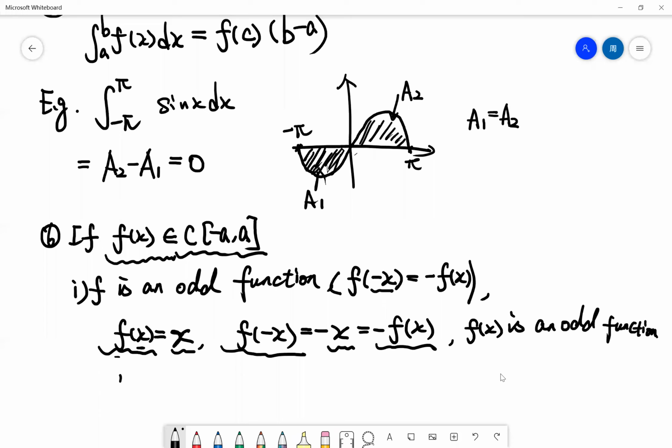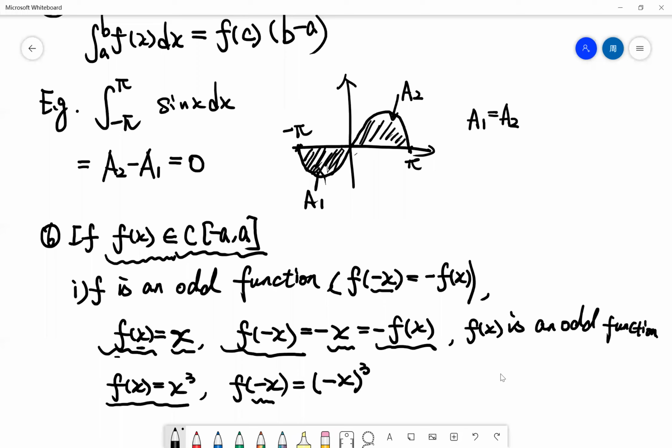For example, f of x equals x power 3. If a function is x power 3, and you want to check if it is an odd function, you can substitute f of minus x, right? And if you substitute minus x here, that equals minus x power 3, right, guys?